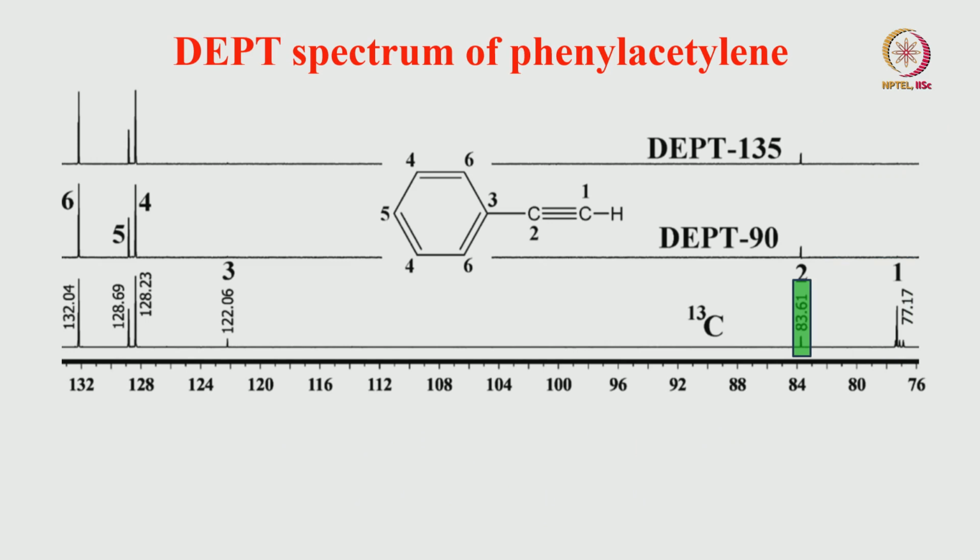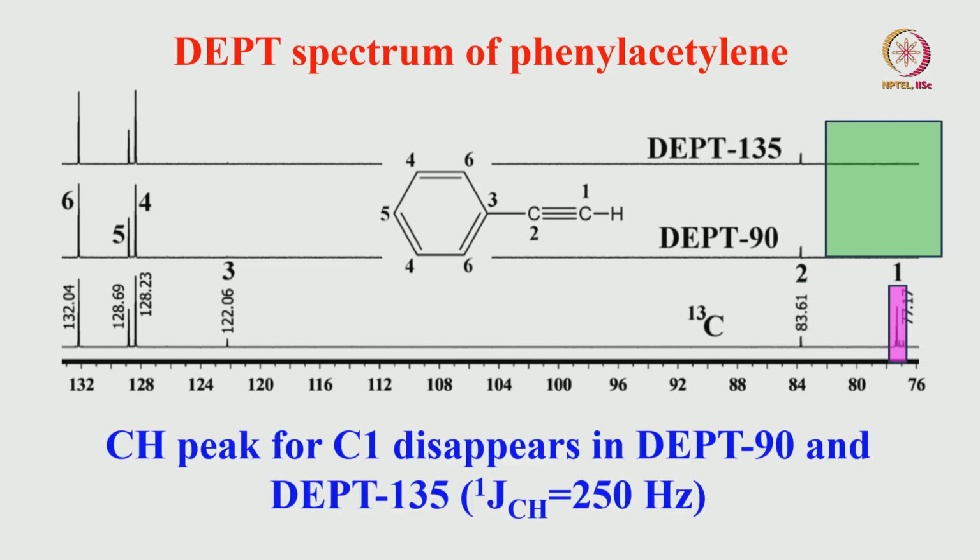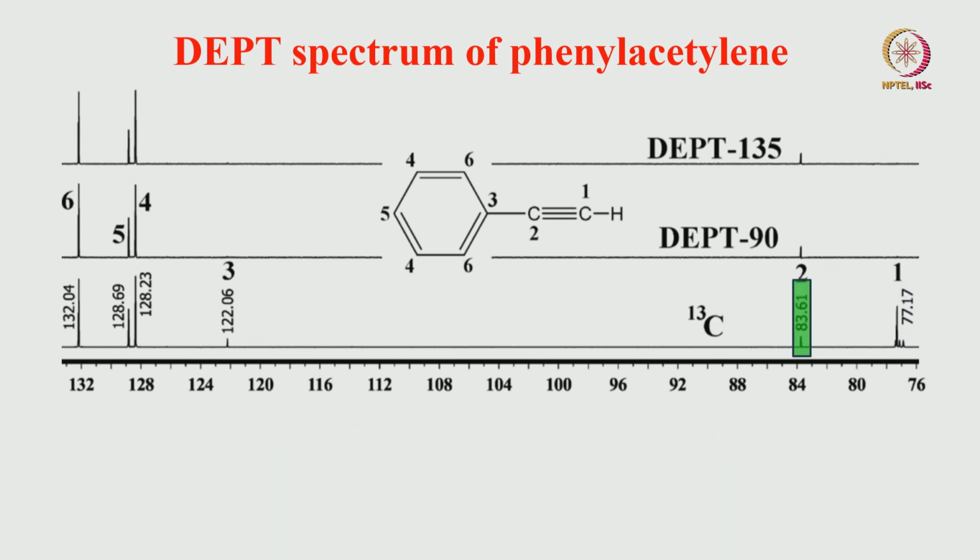Some of these things will be a big problem. If you look at carbon 2, the CH2, look at this intensity. So what is happening is mistuning of the 90 degree pulse, or if the J coupling deviates significantly from the set value of 150 hertz, there could be experimental artifacts.